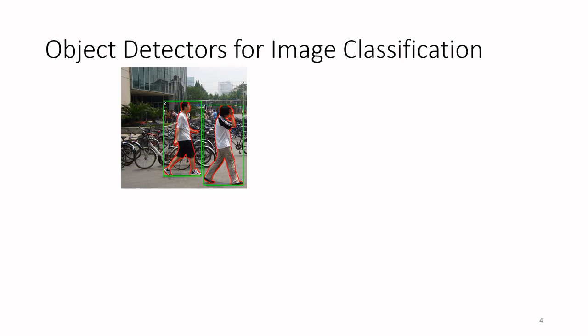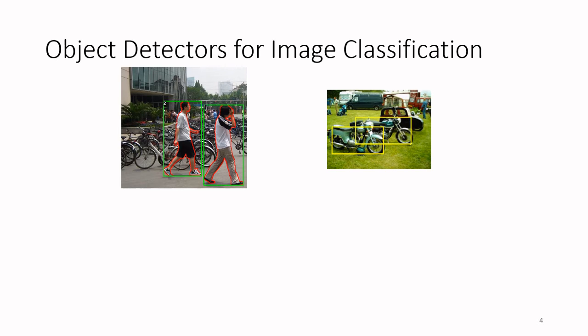For example, in the left-hand image, there is a detector that can capture whether there is a person in the image or not. That detector has been applied here, and it is able to locate and recognize the two persons present in the image. There is another detector that people built for detecting motorcycles.